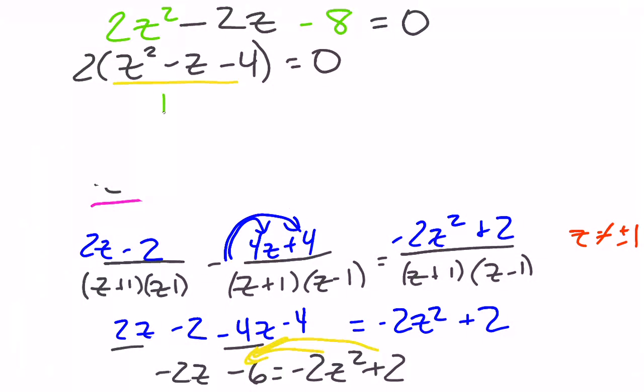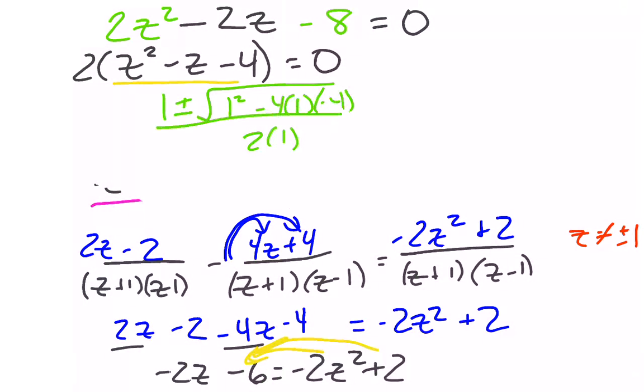X equals opposite b plus or minus square root b squared minus 4ac all over 2a. Notice I just put a positive 1 squared because the negative doesn't really matter when I'm squaring something. So 1 plus 16 over 2.